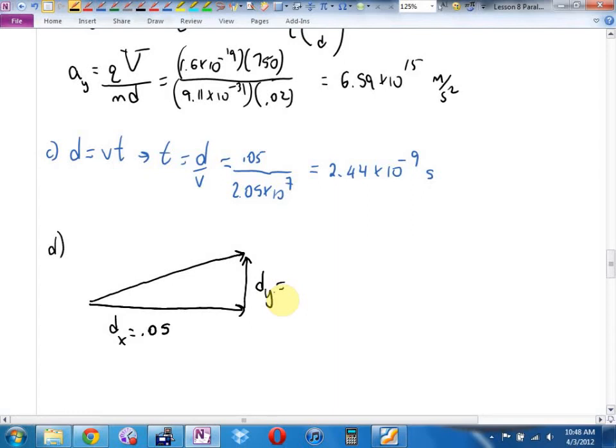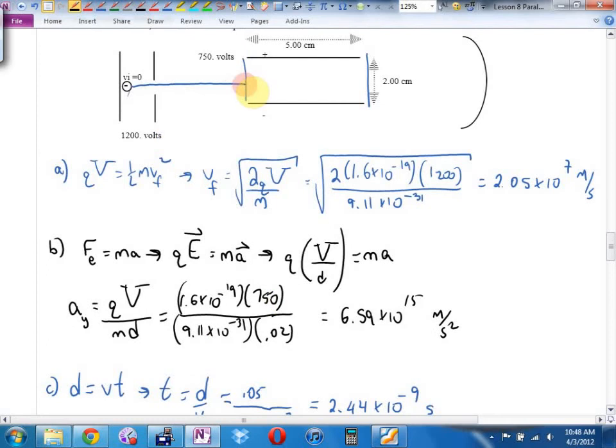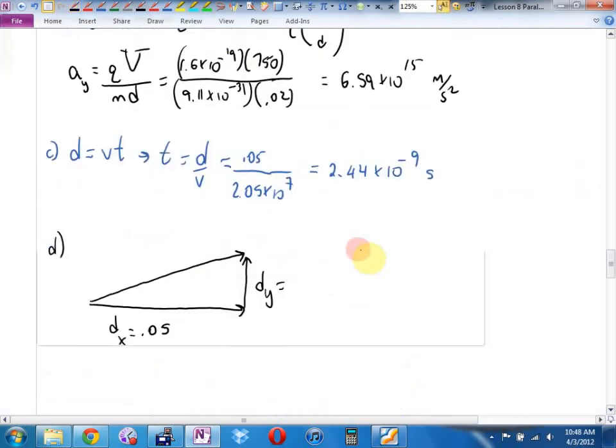Well, what's its vertical velocity when it hits these plates? Careful. Has it started moving up or down at all yet? No. So what's its vertical initial velocity? Kara. 0. And what did we say its vertical acceleration was? 6.59 times 10 to the 15th.